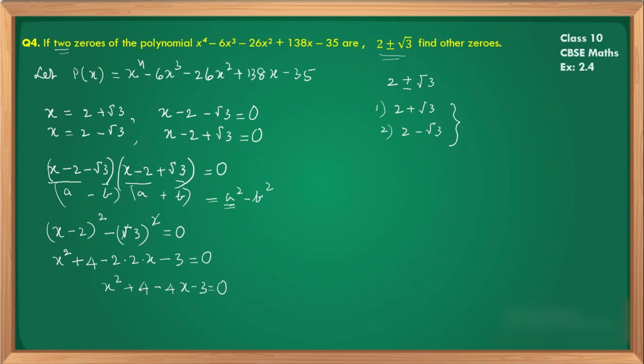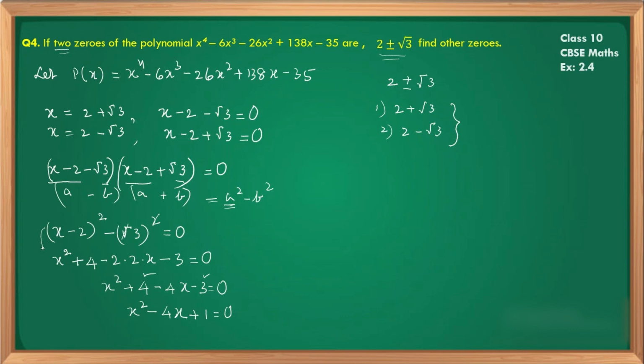Now we have two numbers here, that is 4 and 3. Rest you can write down as it is. x square minus 4x and 4 minus 3 gives you plus 1 is equal to 0.